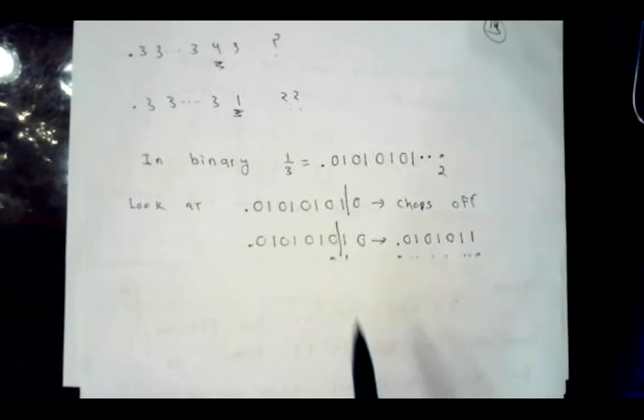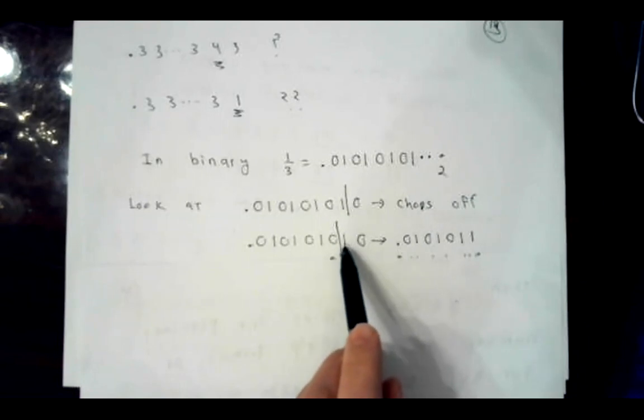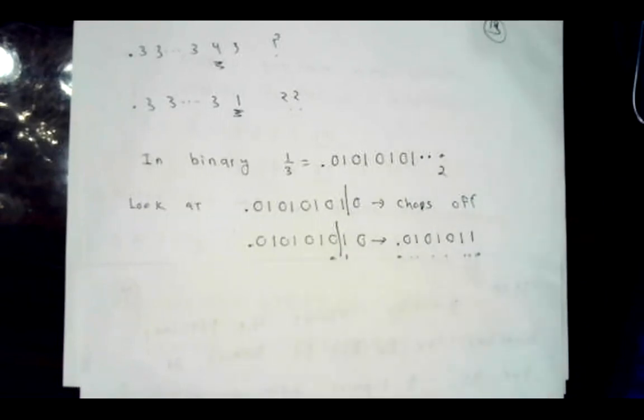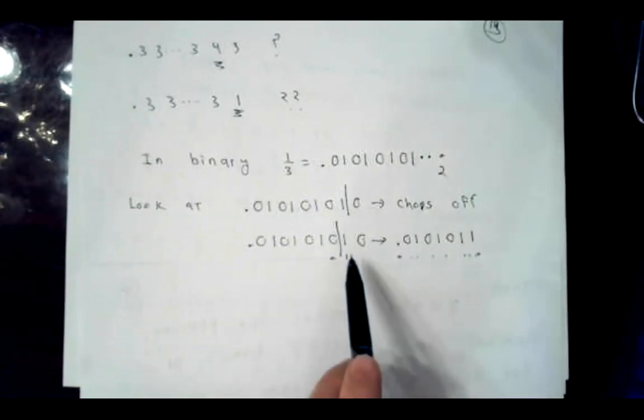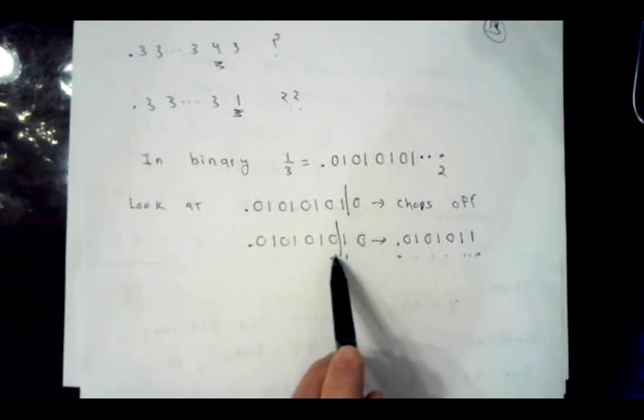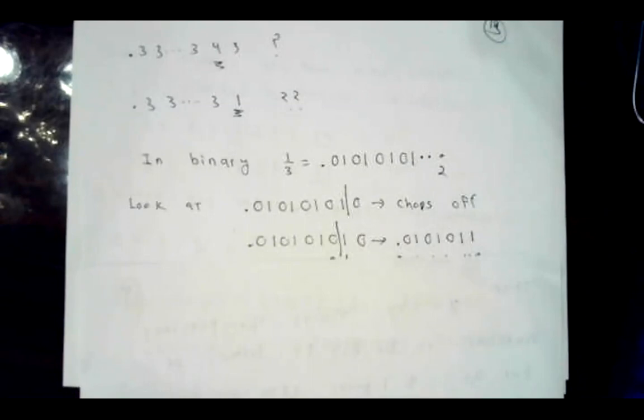For rounding purposes, you look at this. In binary, you only have 2 digits, 0 and 1. 1 is more than or equal to half of the biggest digit. So this is going to round that 0 up to 1, and you'll get this for an answer. Depending on the details, that may actually give you a number bigger than 1/3.